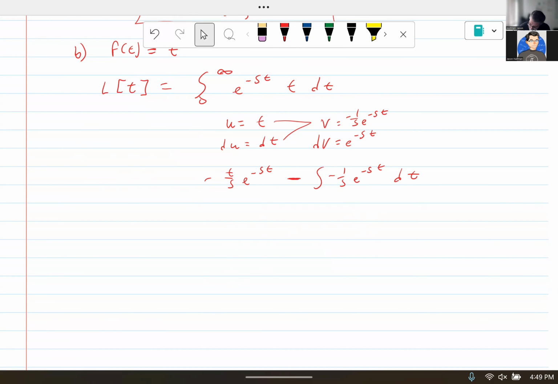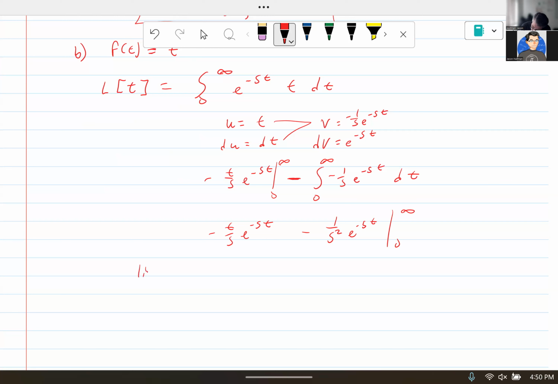This goes from 0 to infinity, and this is still 0 to infinity. If I integrate negative 1 over s e to the negative st, it just becomes minus positive 1 over s squared e to the negative st, and this is negative t over s e to the negative st. All of that is evaluated from 0 to infinity.